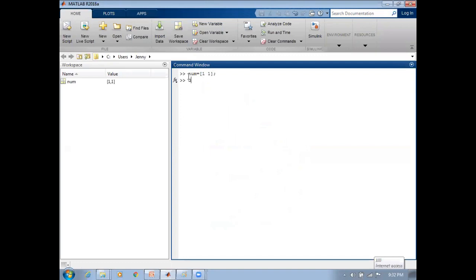Then the denominator polynomial den equals to s cube coefficient is 1, then 9s square, therefore s square coefficient is 9, then 26s and a constant 24. Then let me type rlocus of num comma den.